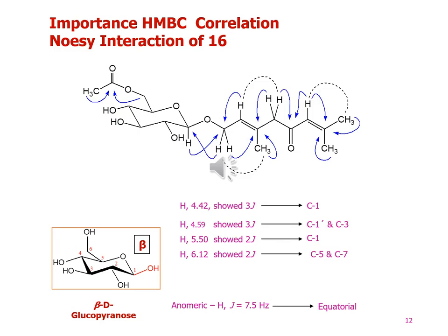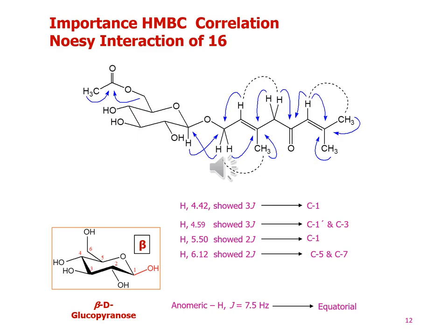The anomeric proton appears with a J value of 7.5 Hz, indicating an equatorial position, which confirms that the hydroxyl group is equatorial and that it is a beta-D-glucopyranose glucose moiety, which confirms the position of the hydroxyl group at carbon 1.